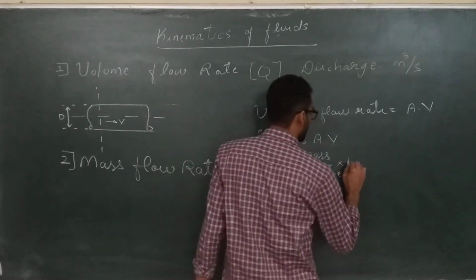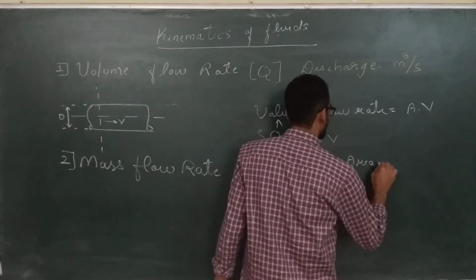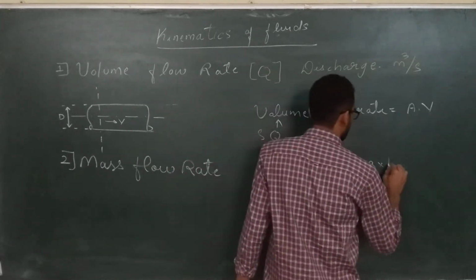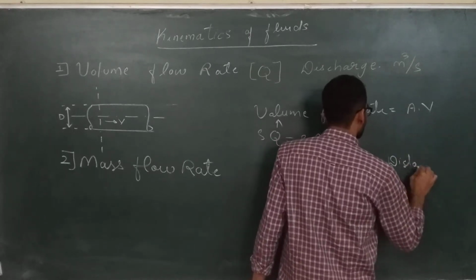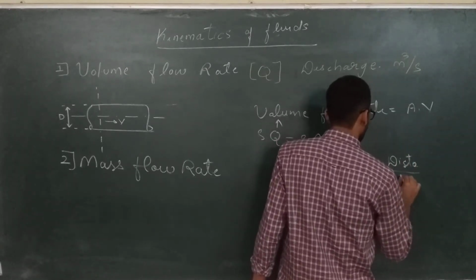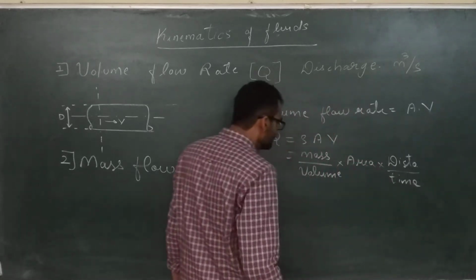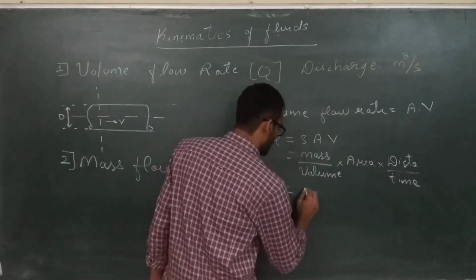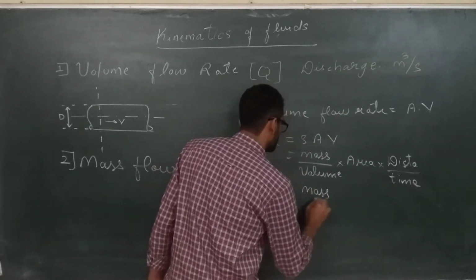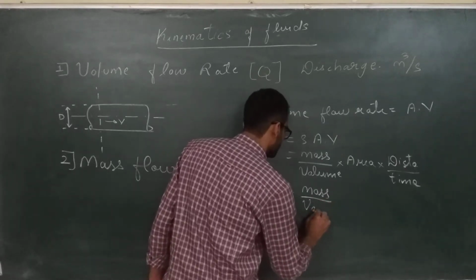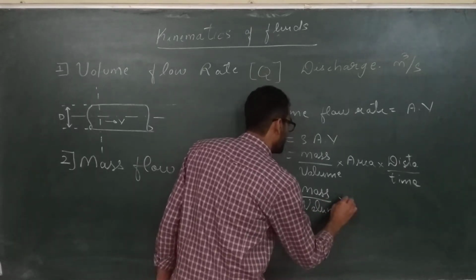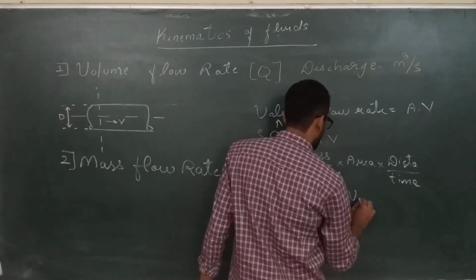So it is mass per unit volume into area, then velocity is what? Distance upon time. So we have mass upon volume into, this is nothing but volume upon time.